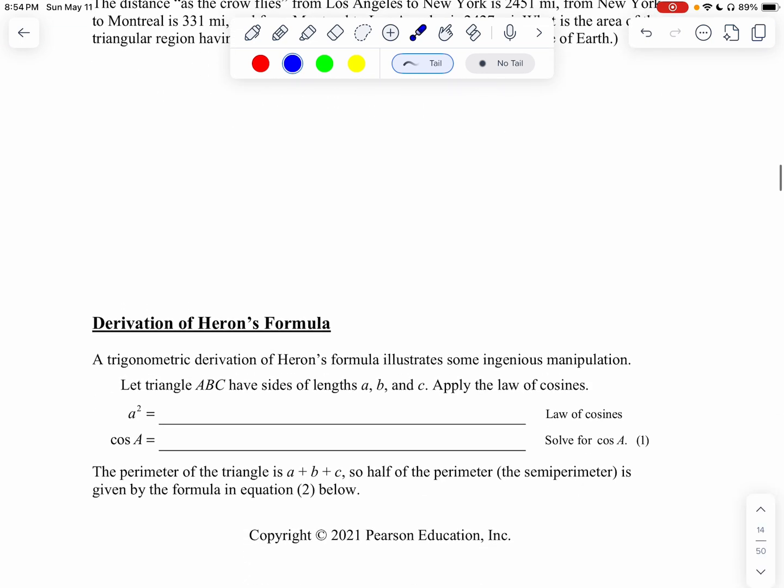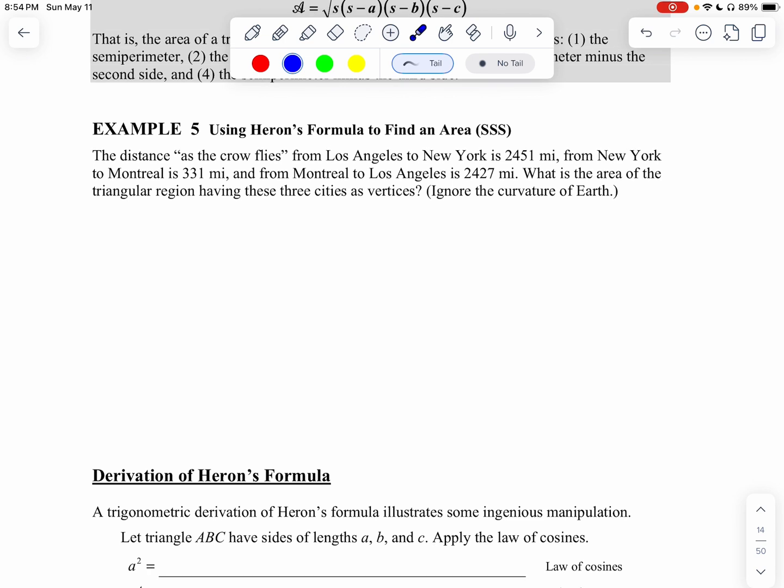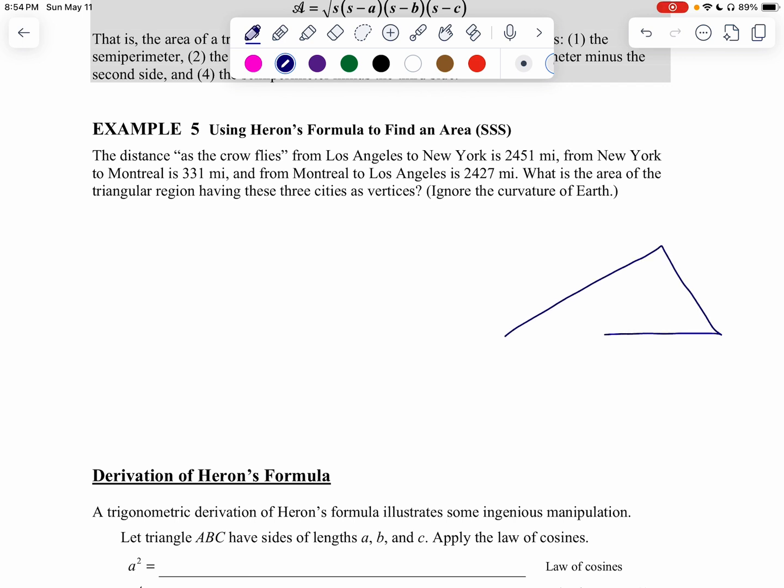So the distance as the crow flies from Los Angeles to New York is 2,451 miles. From New York to Montreal is 331 miles. And from Montreal back to Los Angeles is 2,427. What is the area of the triangular region having these three cities as vertices, ignoring the curvature of the Earth? So we're going to do a little rough sketch of a triangle here.